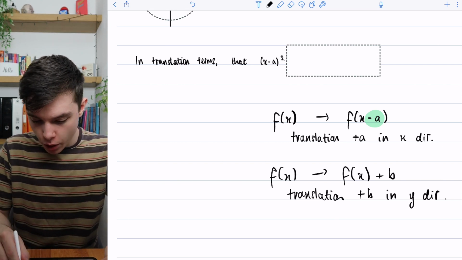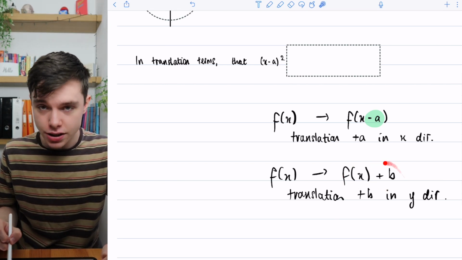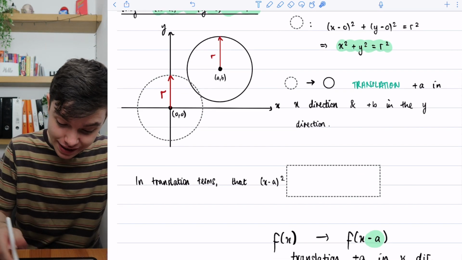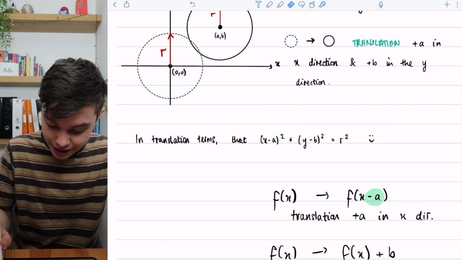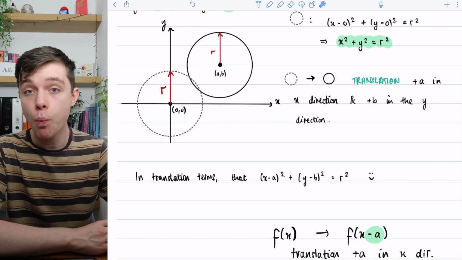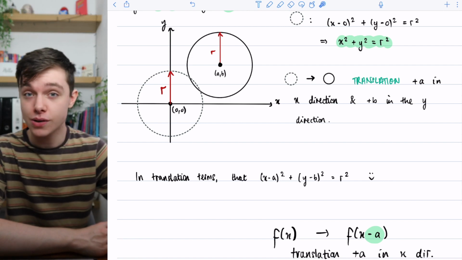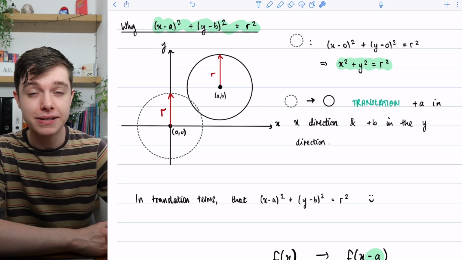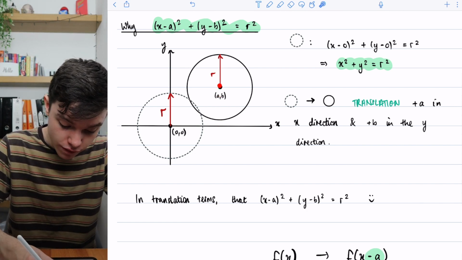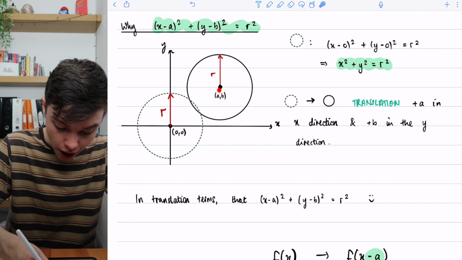So it wasn't inside the bracket, we just added it on to the function. However, we need it to be something like this, so we actually do it inside the function, inside the bracket. And that's exactly why the equation is what it is, because we can just think about it being translations. We move x, we move y, so x minus a, y minus b.